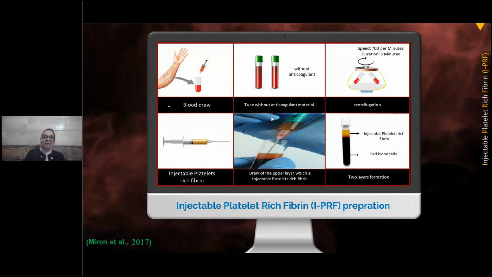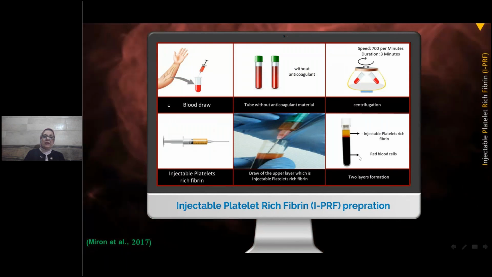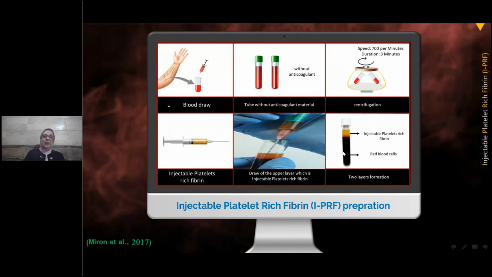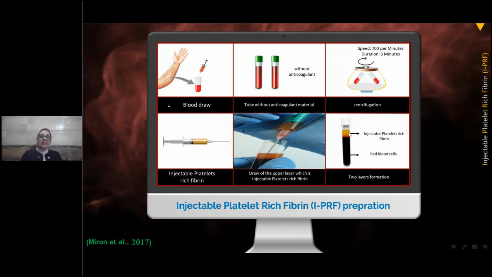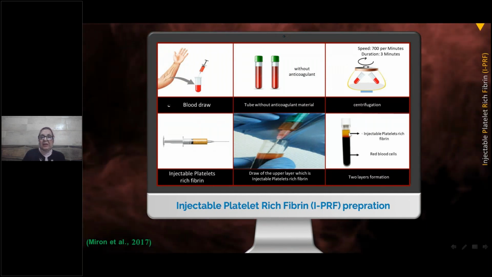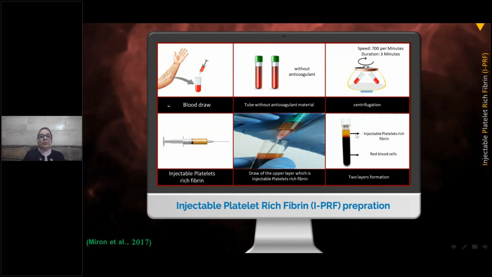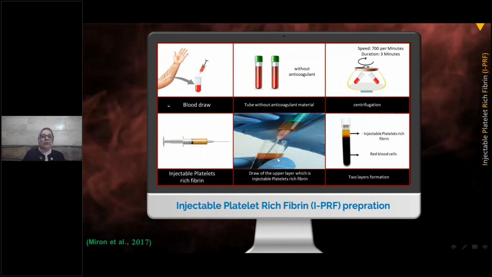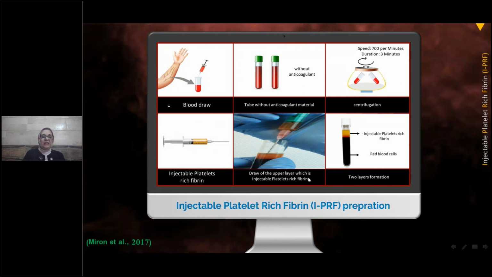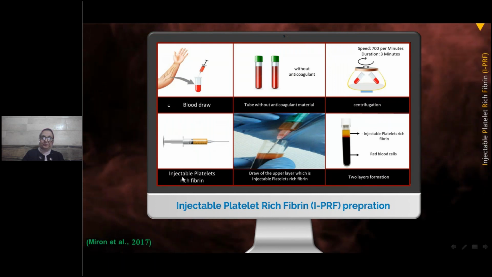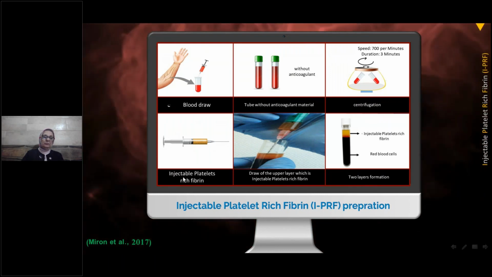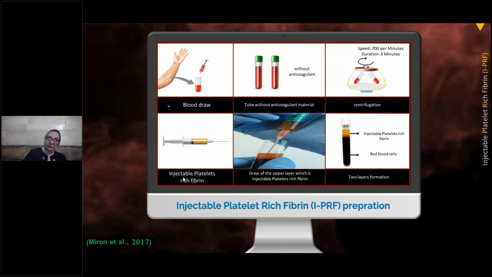Then we will have 2 layers formed: red blood cells at the bottom of the tube, and injectable platelet-rich fibrin at the top of the tube. Then we draw the upper layer, which is injectable platelet-rich fibrin, and it will be ready for injection.